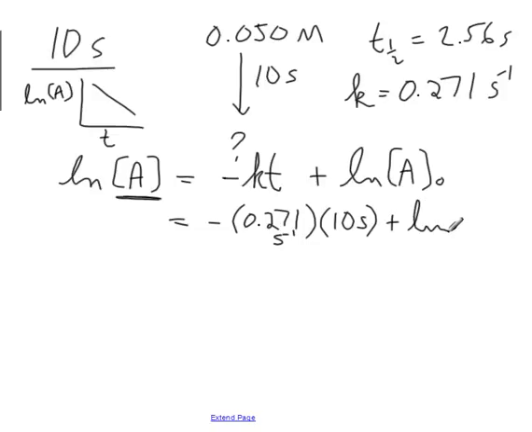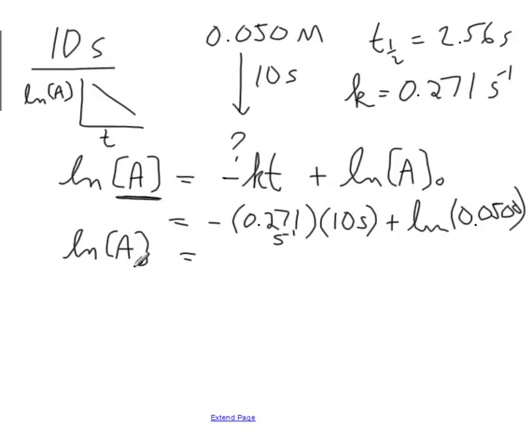plus the natural log of 0.050. Pick up your calculator and evaluate everything on the right-hand side. The natural log of A is equal to what? Negative 0.271 times 10 plus the natural log.